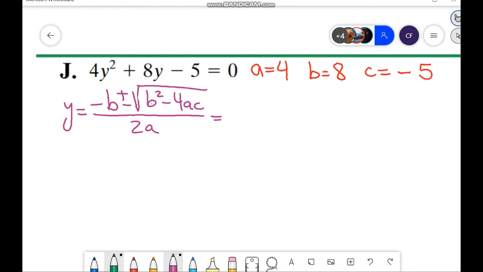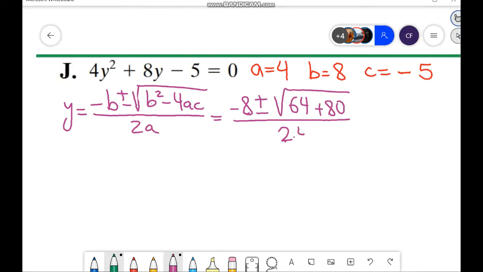B is 8, negative B is negative 8, plus or minus the square root of 64, minus negative 4 times 4, negative 16, negative 16 times negative 5, positive 80. Over, what? 8, 2 times 4.